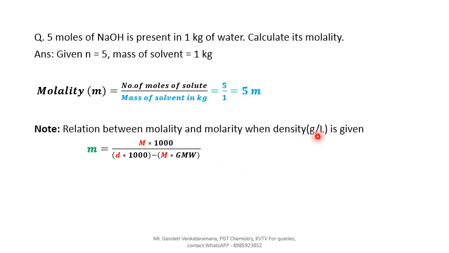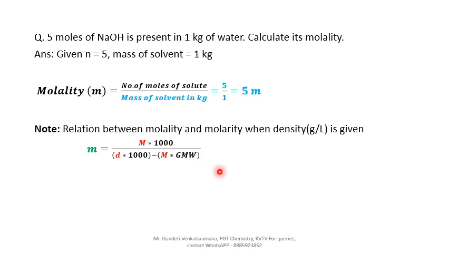When density is given in gram per liter, not gram per ml, this is the relation: small m, molality, equals M into 1000 by d into 1000 minus M into GMW. Here M is the molarity, d is the density, and GMW is the gram molecular weight of the solute only.